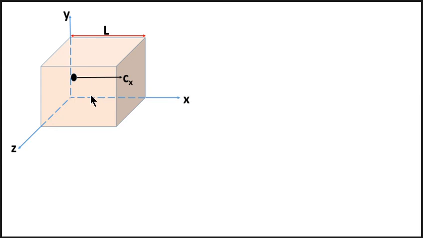Okay, so let's consider this mass of molecule moving towards this wall with a velocity of Cx. Now, when the molecule moves in this direction and collides with the wall, of course, there's going to be a change in its velocity.